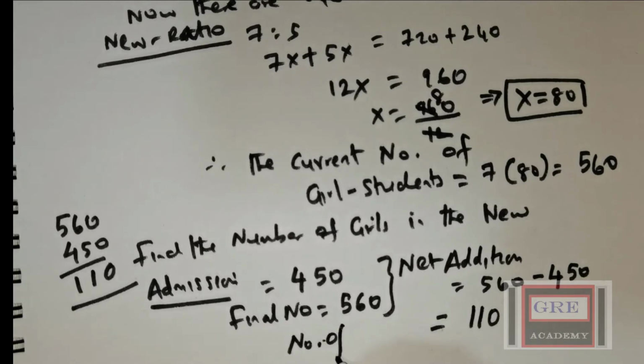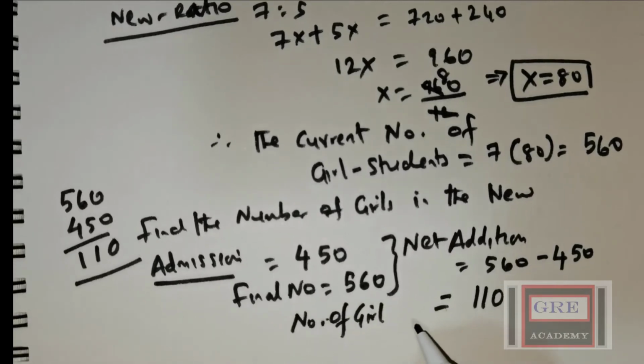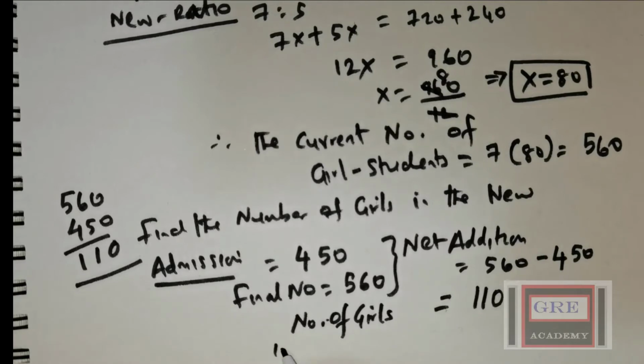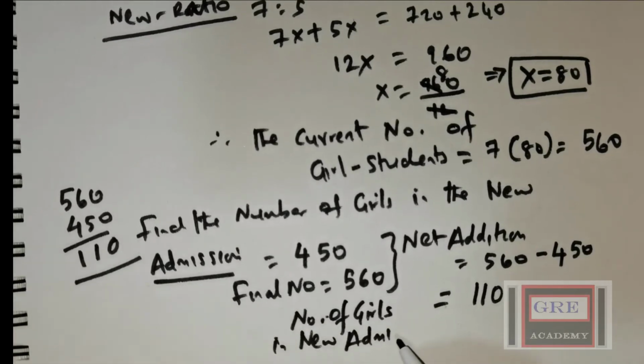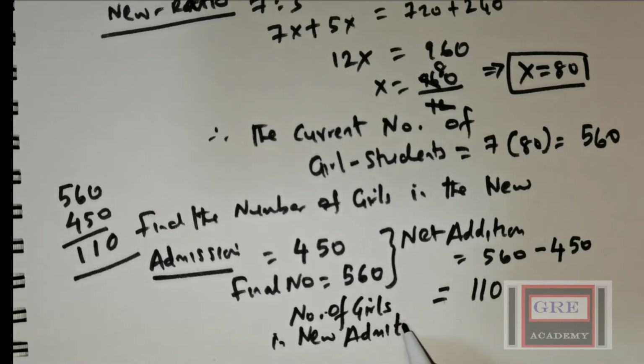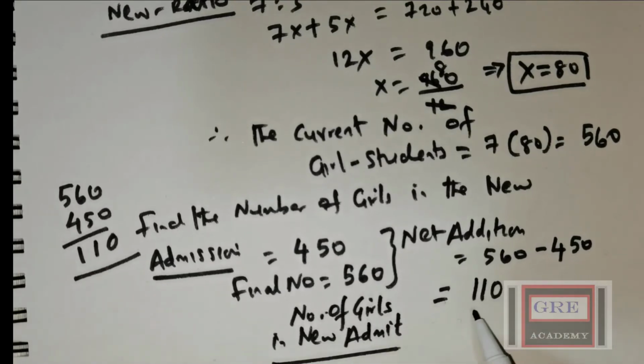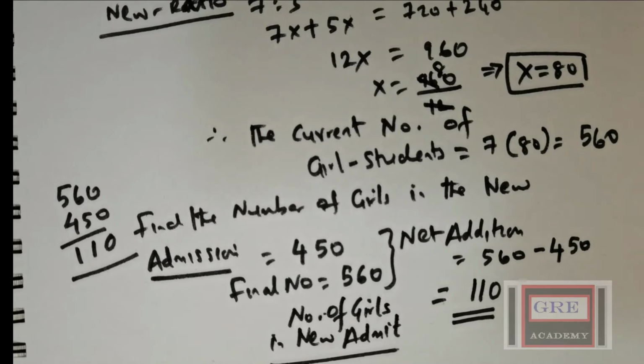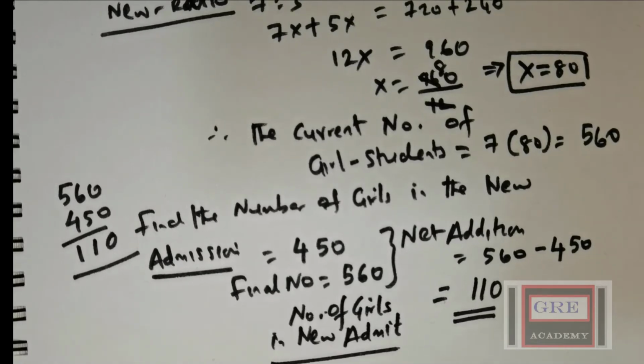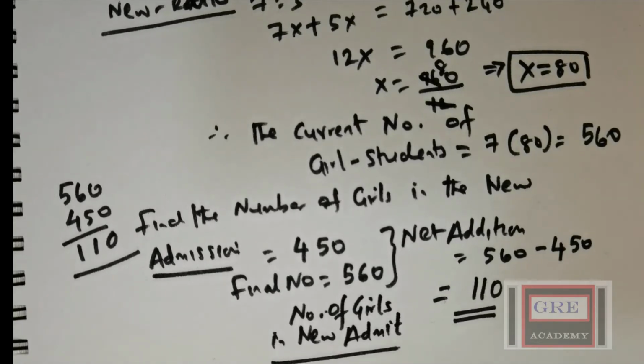So the number of girl students in the new admission is 110. Okay, so there are many ways by which this particular question can be asked, and you have to be prepared to answer them all. So once you know the way to obtain the number of boys and girls, this question is simple.